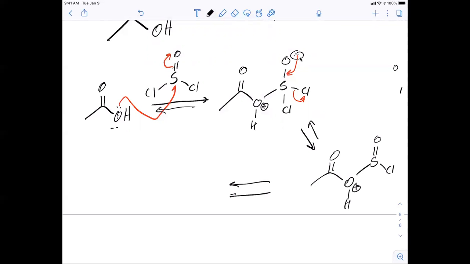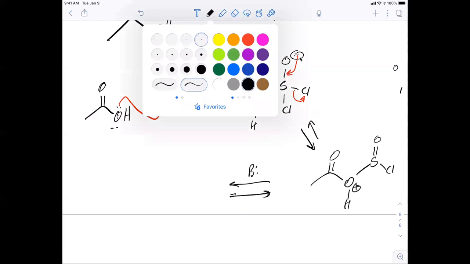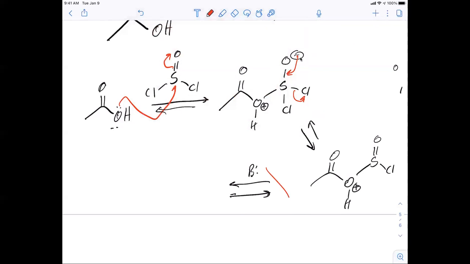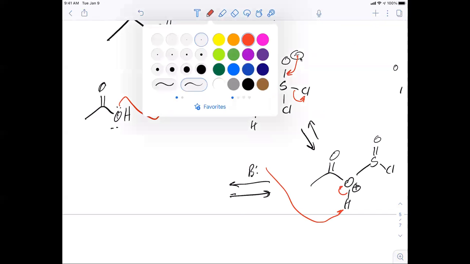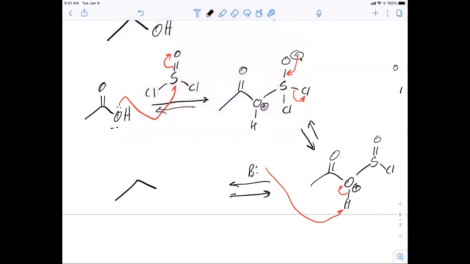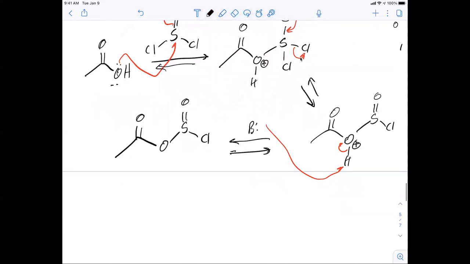Then we're going to get proton transfer. Okay, to get me to this position.